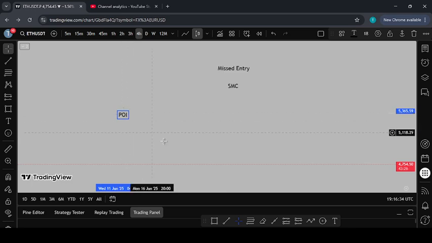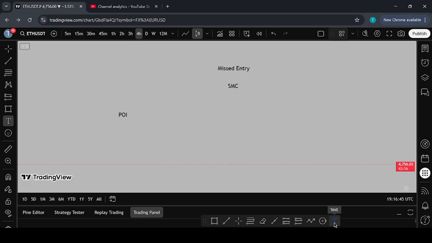The number one thing to look out for is that the point of interest you are going to use for a trade must be near liquidity. So there must be nearness of liquidity to that particular point of interest. That point of interest should have liquidity close to it.